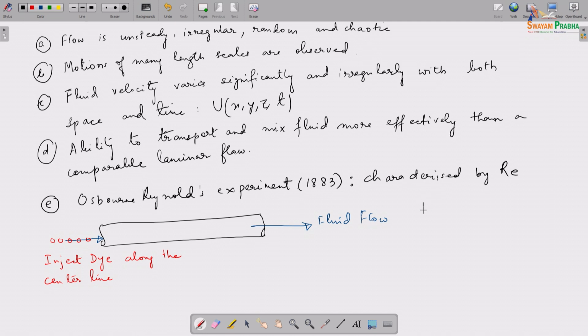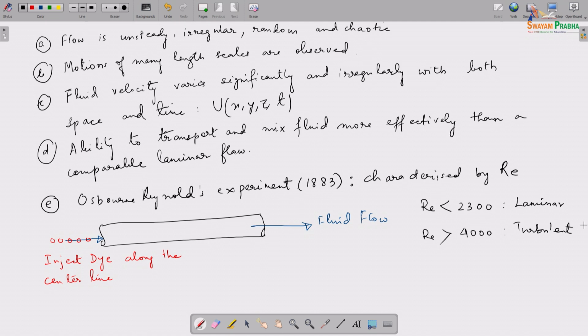We basically said that if the Reynolds number is less than 2300, the flow is laminar. If the Reynolds number is larger than about 4000, it is turbulent.